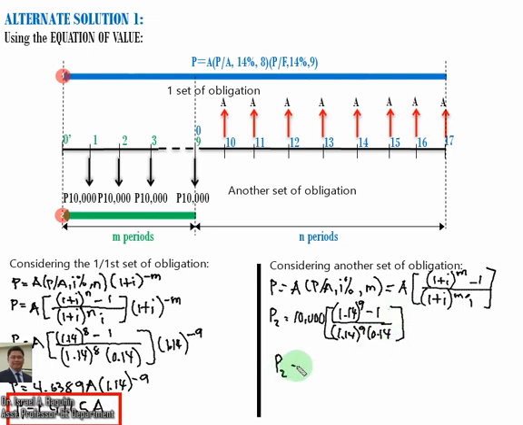Calculating, our P2 is equal to 49,464 pesos.